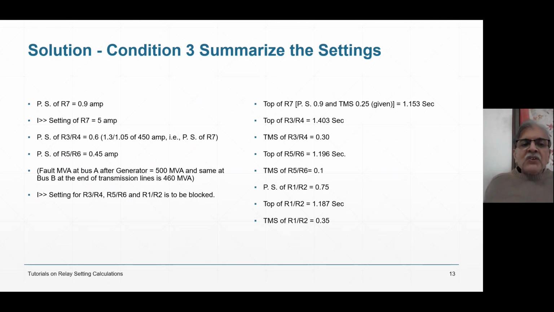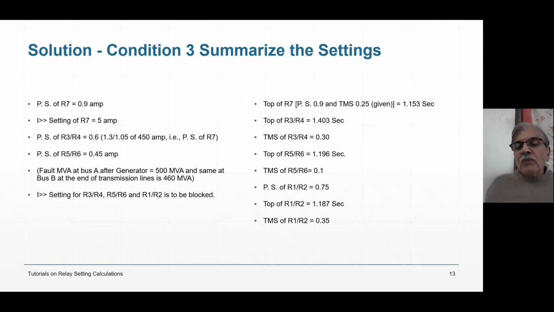Top of R7 is PS of 0.9 and TMS 0.25 is 1.153. I am not taking it instantaneous because the setting is 500 by 1, and 500 by 1 divided by plug setting of R7 is 0.9.